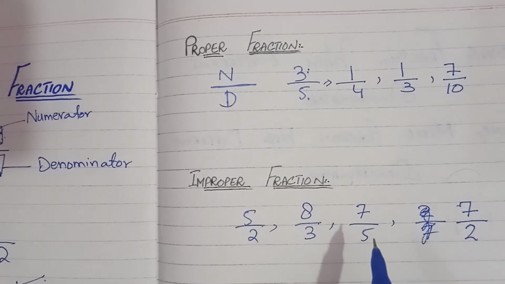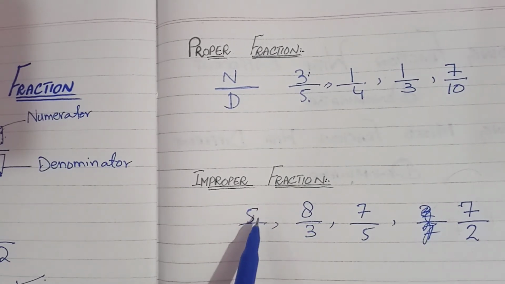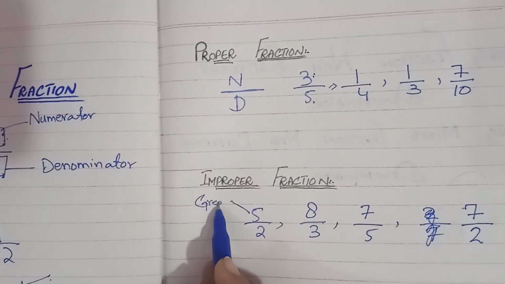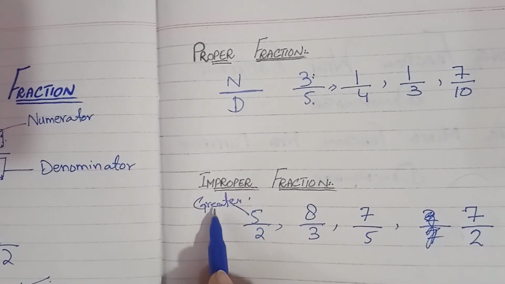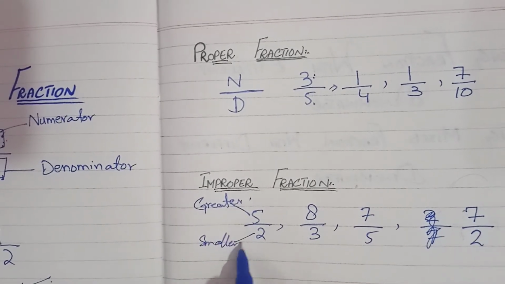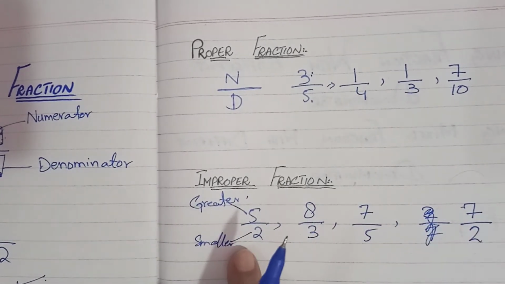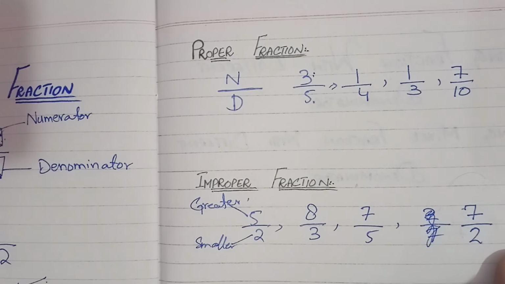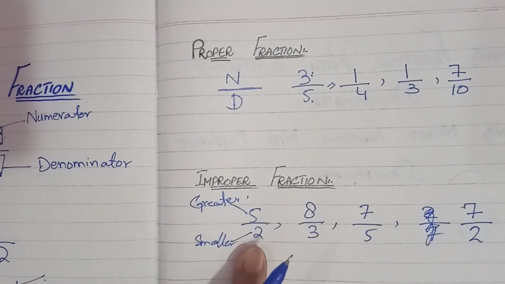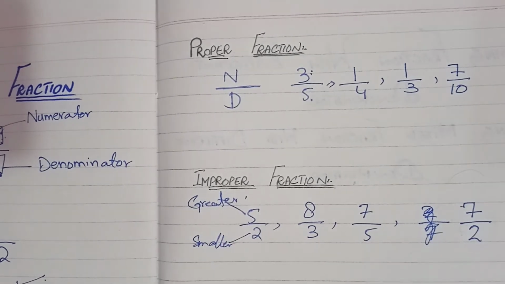If the numerator is greater than the denominator, all the numerators are greater and all the denominators are small. If the numerator is greater than the denominator, we can say that it is an improper fraction.